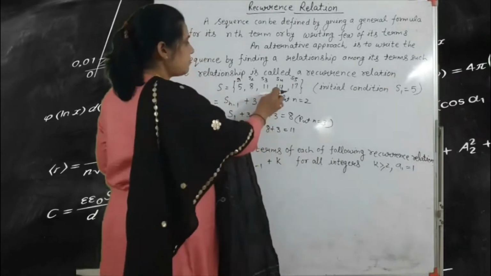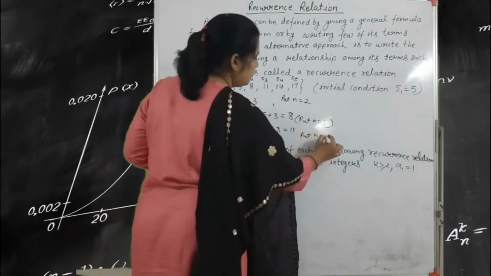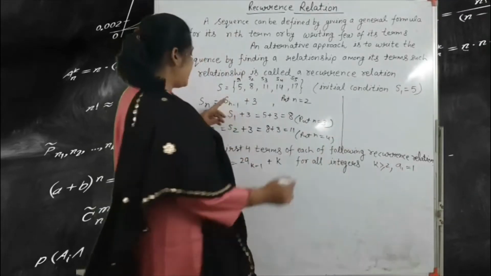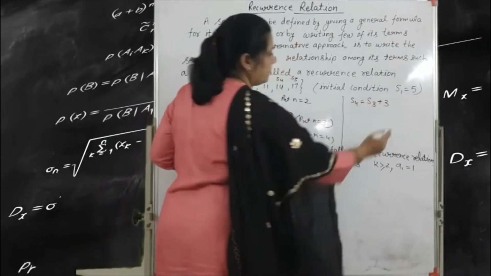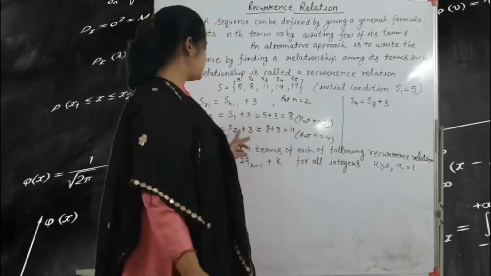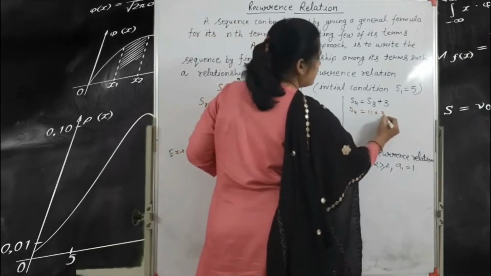Next is finding S4, so put n is equal to 4. Then S4 is equal to S3 plus 3, and the value of S3 is 11. So we put 11 plus 3, that means 14.